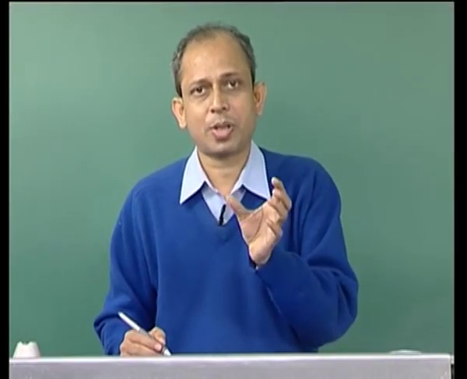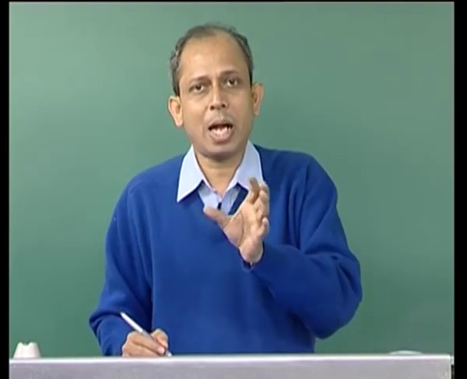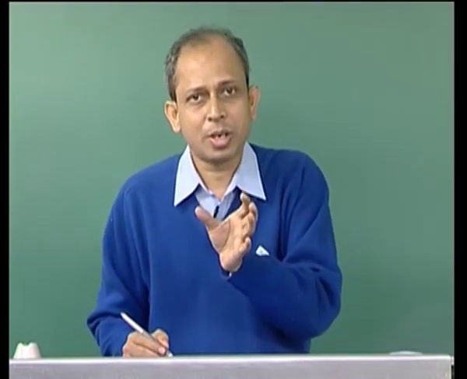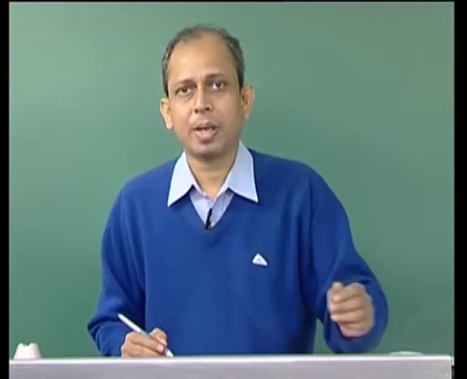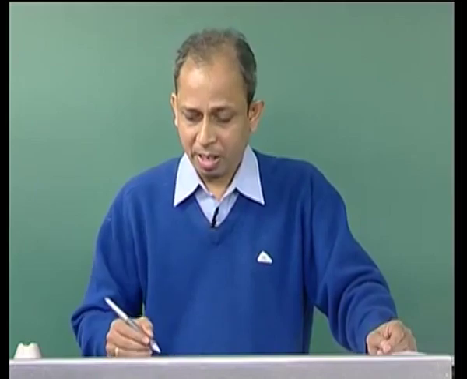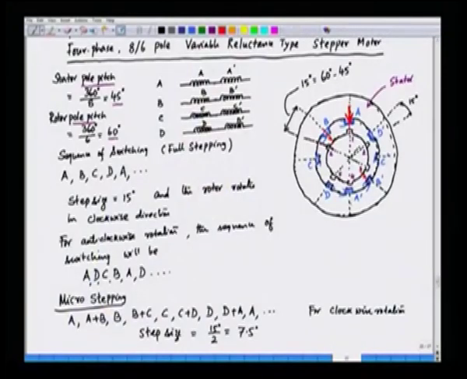The rotor has salient poles, and it will try to align so that the reluctance is minimum. So, pole 1 will be aligned along phase A and pole 4 along A prime. Poles 1 and 4 are diagonally opposite rotor poles.